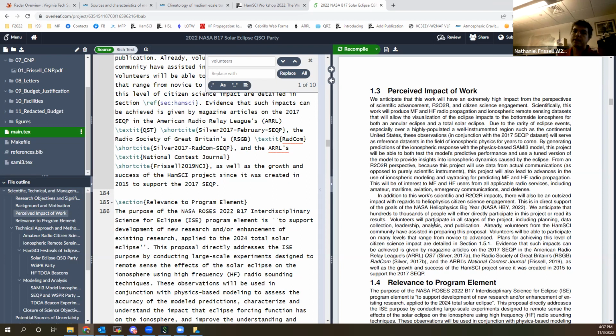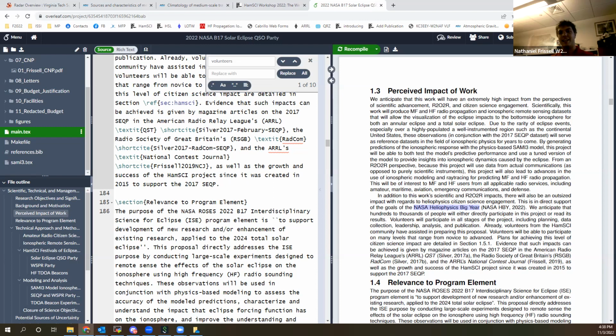The reason I had put it there is because NASA has this thing called the NASA Heliophysics Big Year, and one of the things they're pushing is citizen science. If you look into the whole field of citizen science, there's a list of best practices, and one of them is to get your citizen volunteers to participate in all stages of the science.